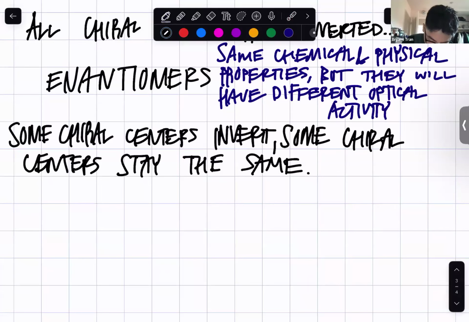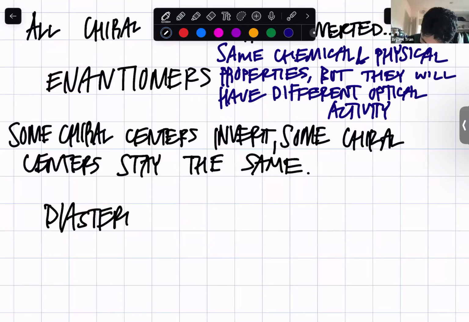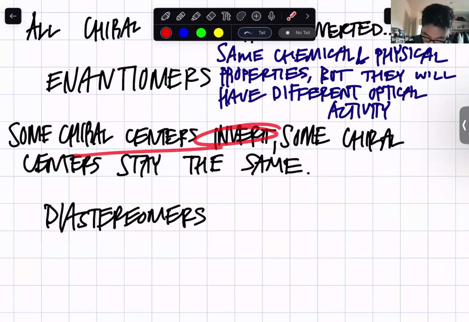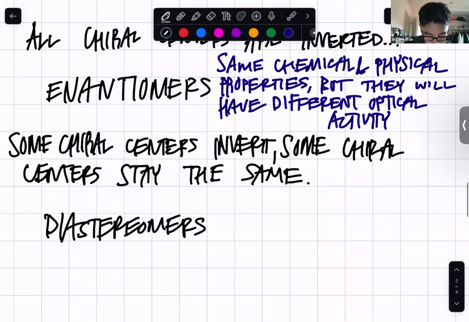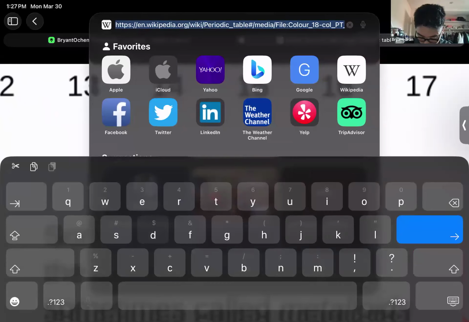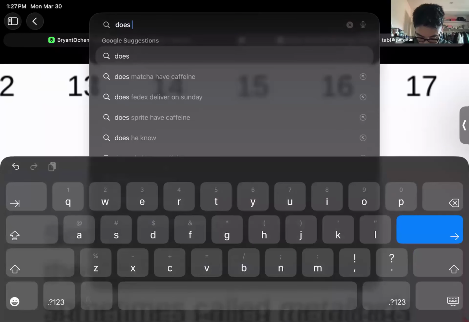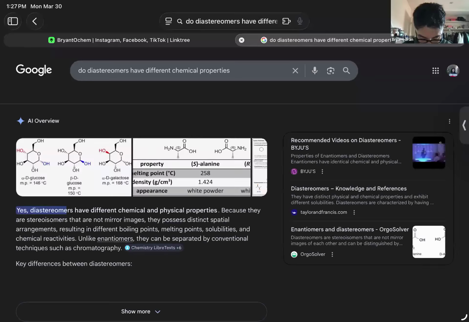Whereas if you look at diastereomers over here, where some chiral centers invert and some chiral centers stay the same, they will have different physical properties. Do diastereomers have different chemical properties as well?